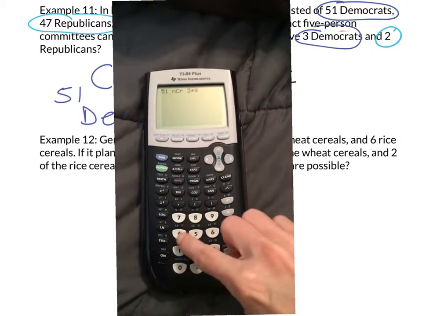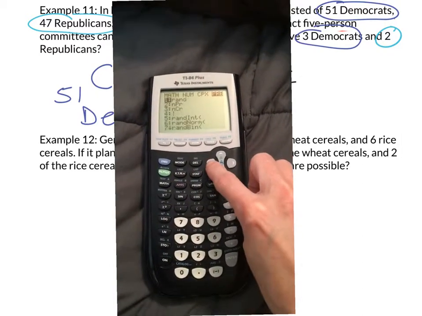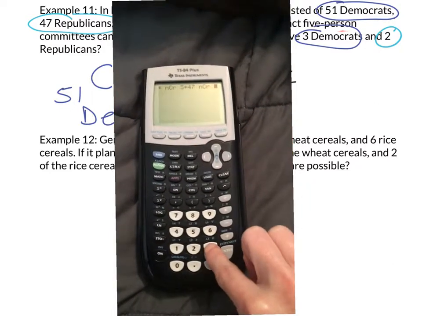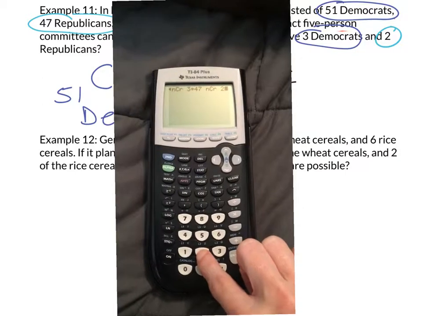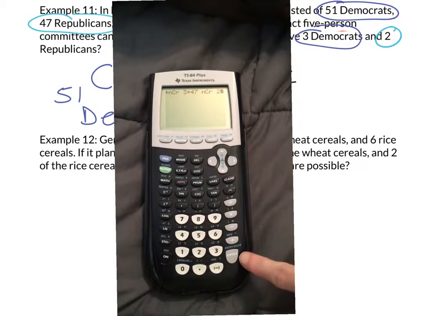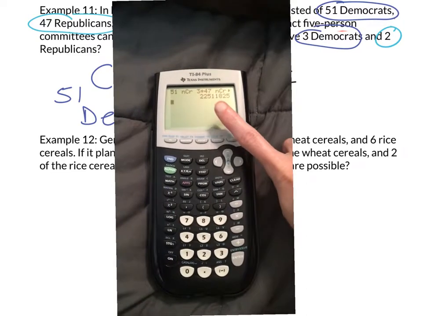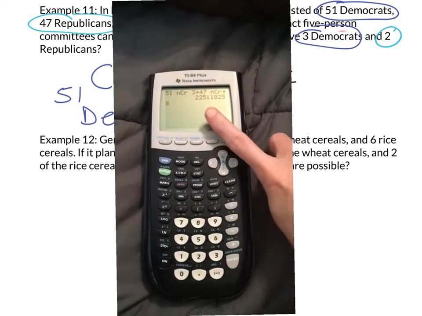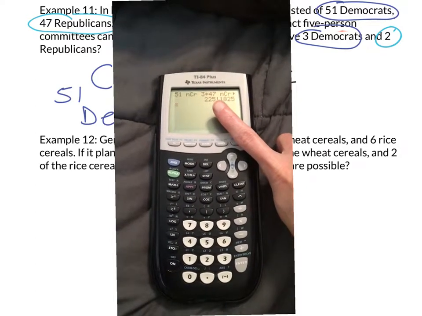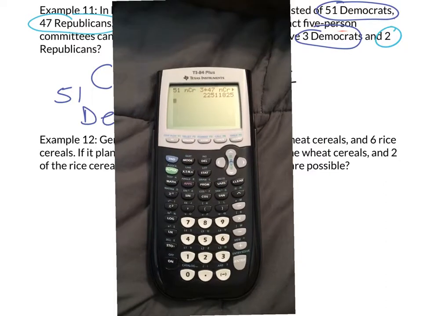Now we had 47 Republicans, math, go over to PRB again, NCR, and they were choosing 2. Once you have the whole thing in the graphing calculator, hit enter. And that large number is our final answer, 22,511,825.